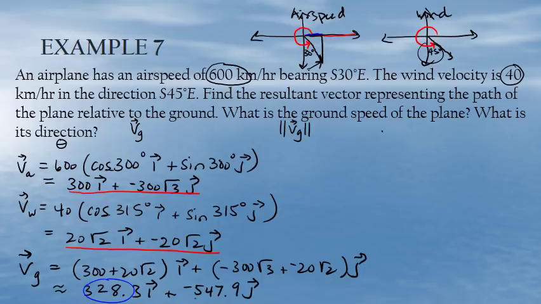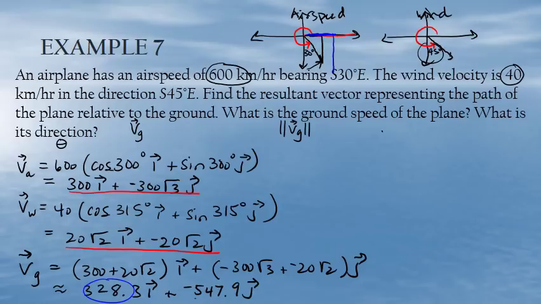And instead of going down negative 300 root 3, I'm going down further. So I don't have the angle yet, but I feel as though that answer makes sense. That's why I do the decimal approximation. If I got something that had both negative pieces, I doubt that a plane that was headed southeast is going to end up going northwest. So I feel pretty good about that.